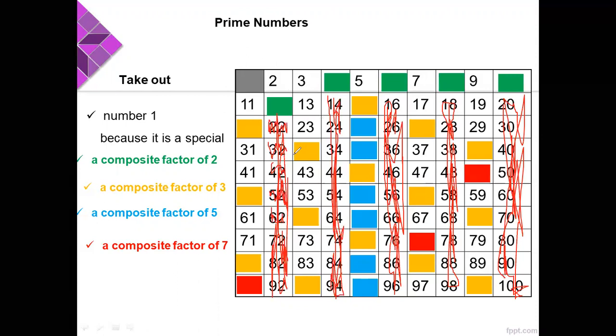To know whether they are prime or not, you have to divide them by 2. For example, we will take 23. 23 is not divisible by 2. 23 is not divisible by 3. It's not divisible by 5, and it's not divisible by 7. So it's a prime number.